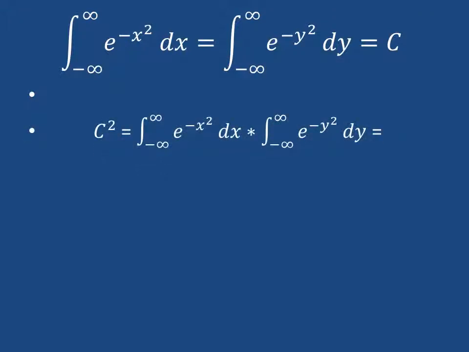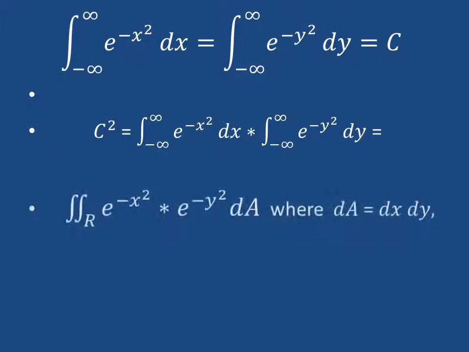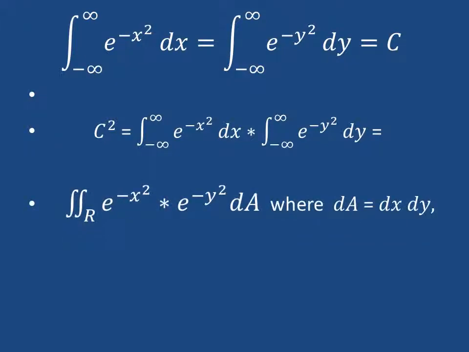Now, if we multiply these two integrals together, which is what we're going to do, using a little mathematical finagling or trick, we'll get c squared, the square of our constant. And it turns out that we can express this product in the form of a double integral in the xy plane.